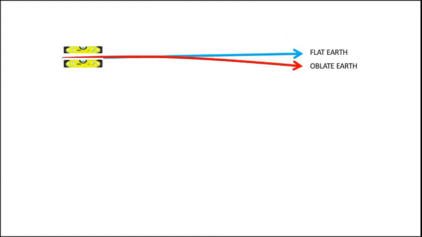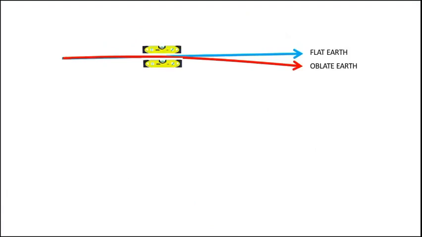degree. And so just to kind of give you a visual, what ballers will say is that because we do observe a level stay level over flat surfaces on a very local level, like your table, for example, they'll just say, well, that's just a local effect, in that we don't have enough of the table extended out to see the effect of gravity. And so locally, a level will read the same reading on flat Earth and oblate Earth.